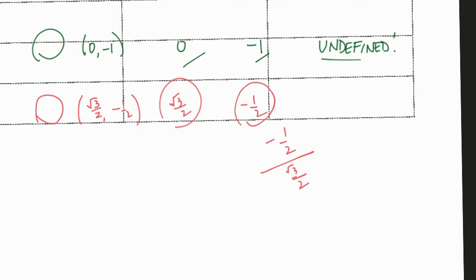I need some room. There we go. Okay, so let's make it -1/2 times the reciprocal. The 2's cancel out, but now I've got this radical in the denominator that has to be rationalized. So I'm going to multiply by rad 3 over rad 3, and now I have the tangent.